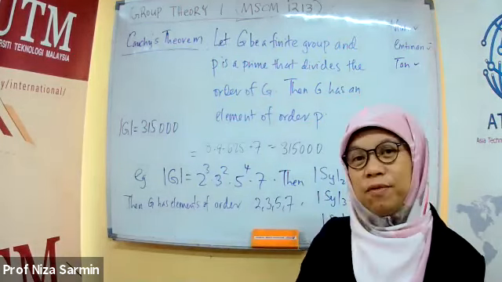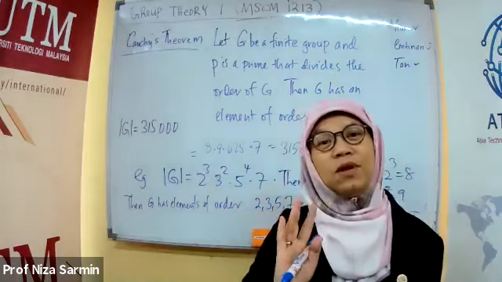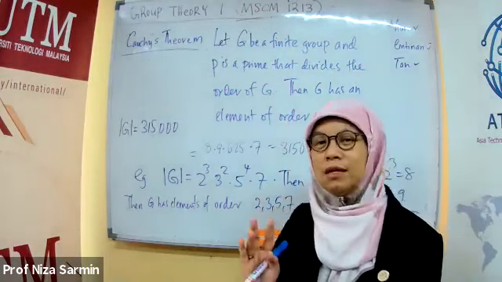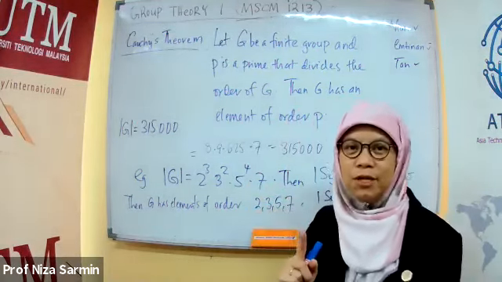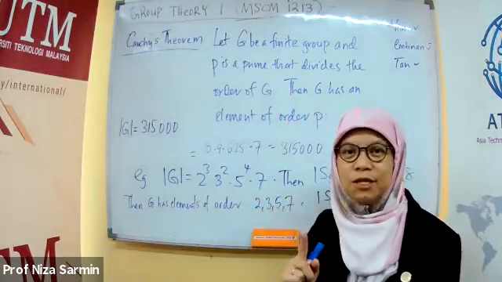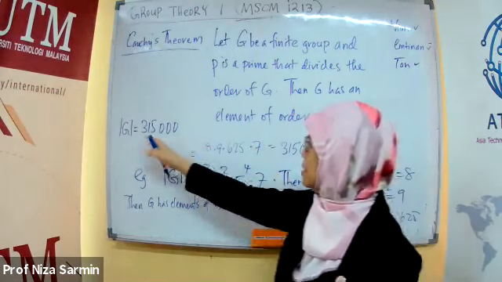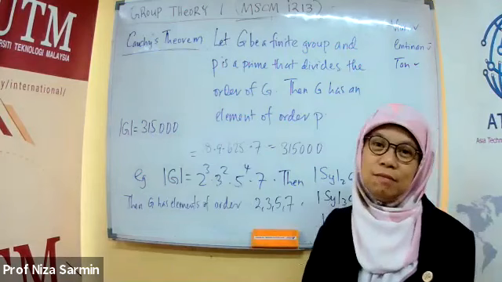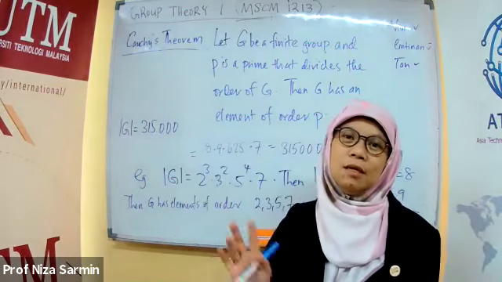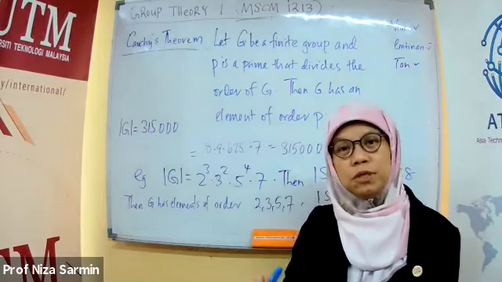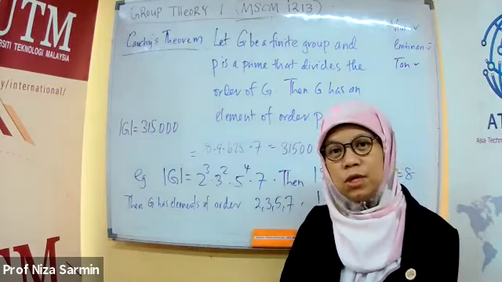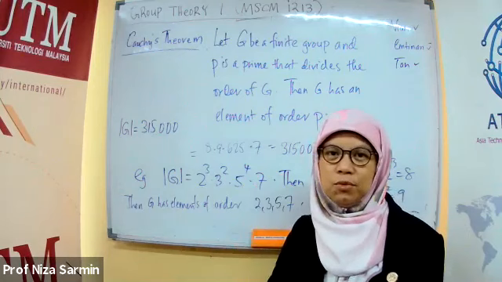So you will write the trivial one. G must have a subgroup of order 1, a trivial one, and then 2, 4, 8, 3, 9, 7, and 315,000, the improper subgroup. Don't forget the trivial subgroup and the improper subgroup.